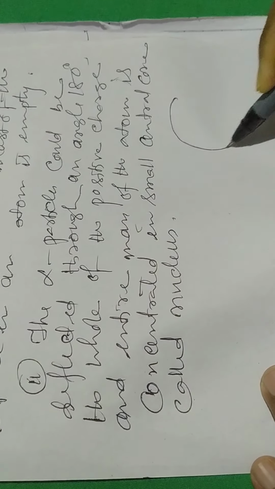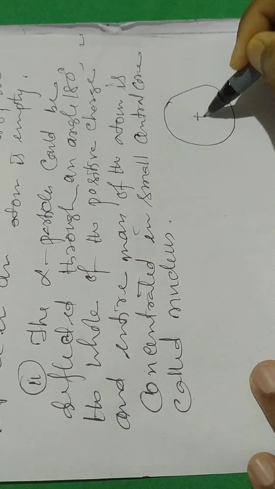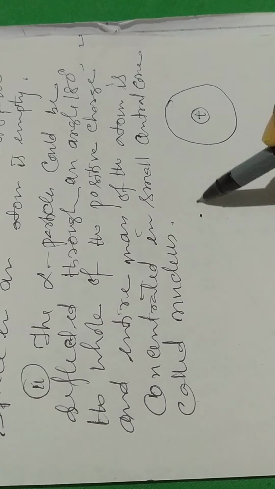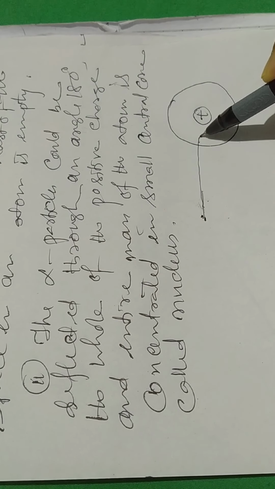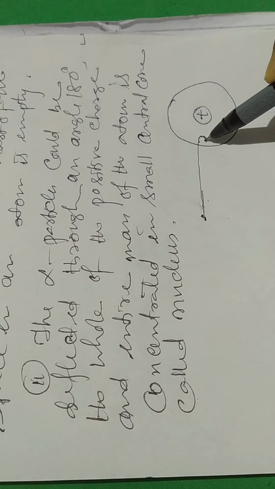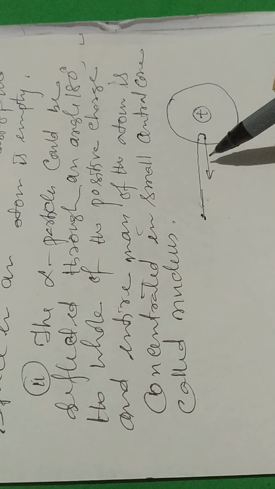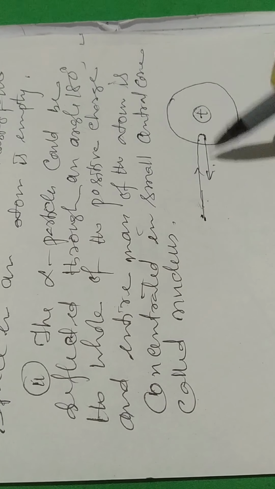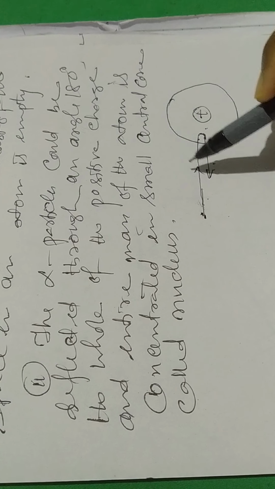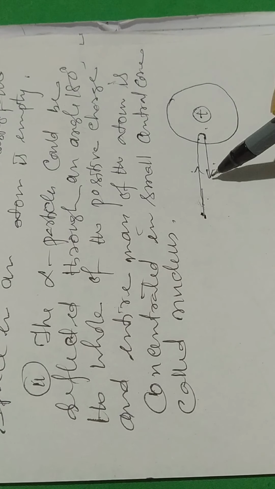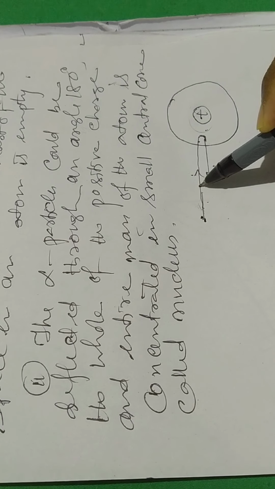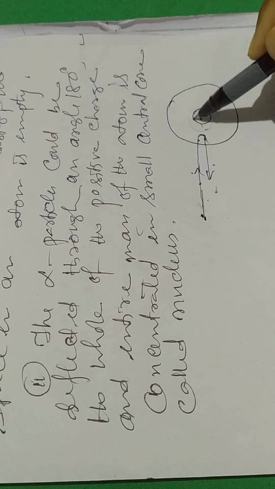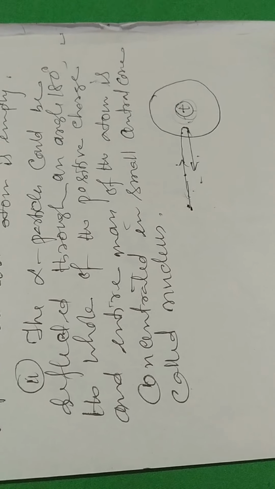If you see, this is the atom, this is the nucleus. The alpha particle follows a straight line path toward the center and moves away from the nucleus, that is, an angle of scattering of 180 degrees. Since the mass and charge of the alpha particle are heavy but it is still deflected, it means that the nucleus is heavier than the alpha particles. That is why the alpha particles are deflected. This small region is called the nucleus.